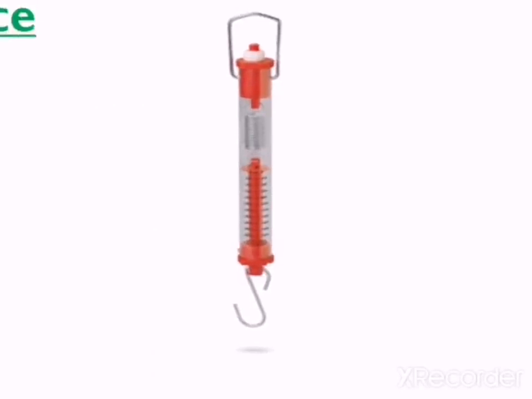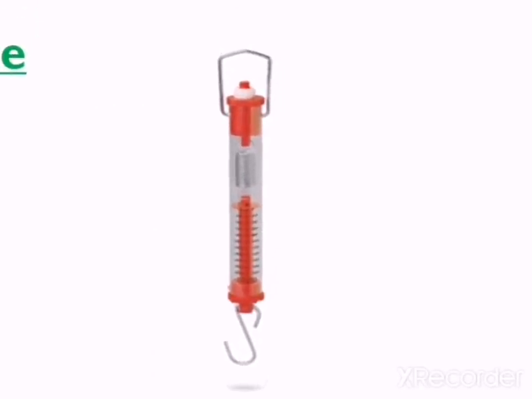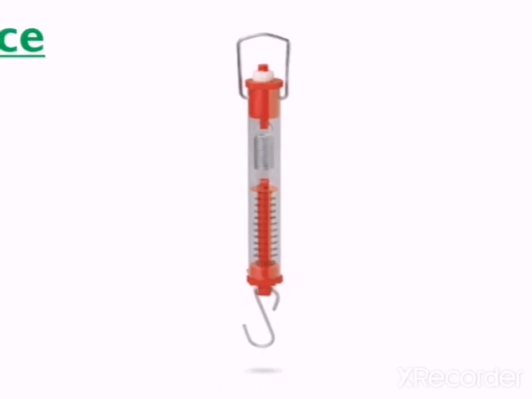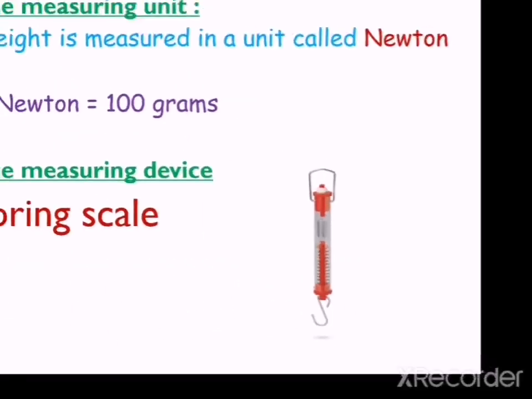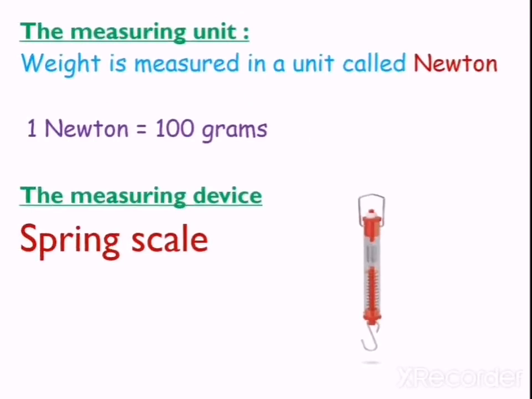It consists of 3 parts: a top hook to hold the scale, a bottom hook to hang the object on the scale, and a spring with a pointer. So the measuring device is the spring scale, and the measuring unit is Newton.